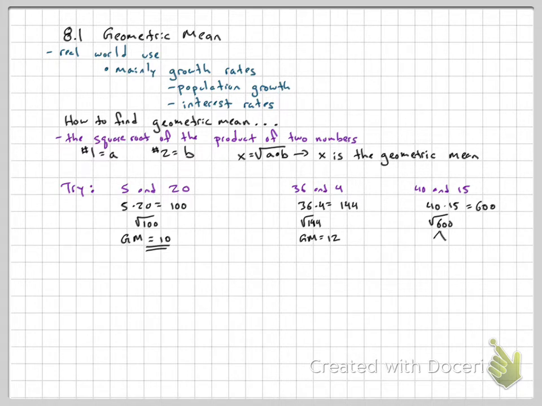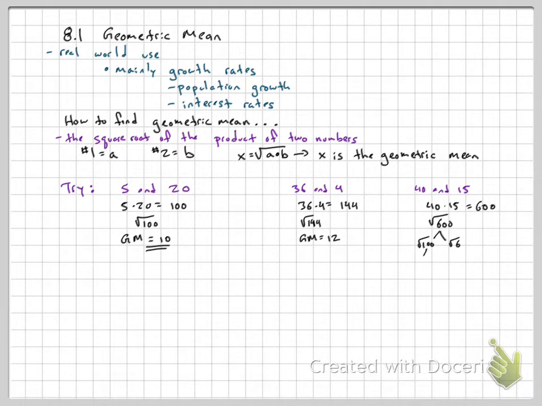So what's the largest perfect square that goes into 600? Remember, perfect squares are 4, 9, 16, 25, 36, 49, 64, 81, going on. So hopefully what you thought of was 100, because 100 times 6 is 600.